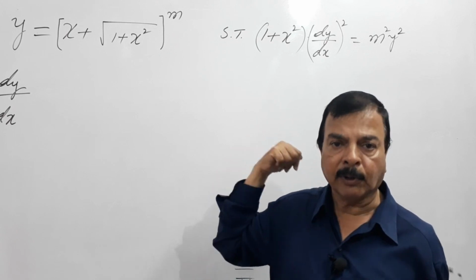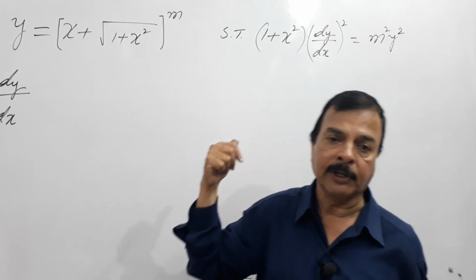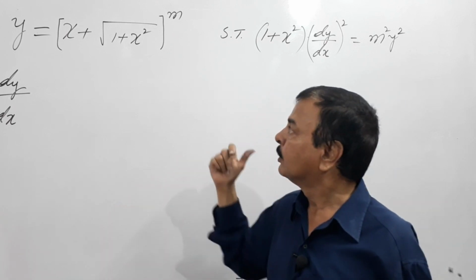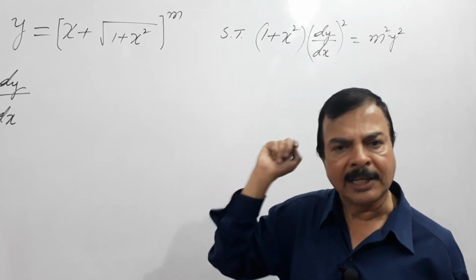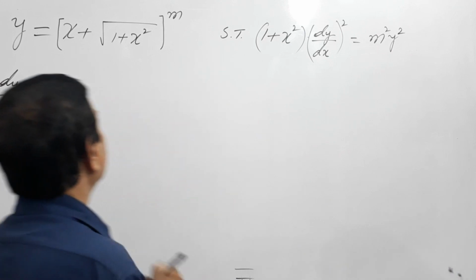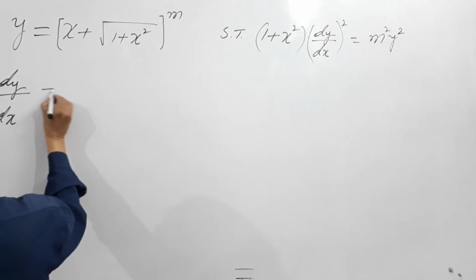Use the concept I have taught you, d by dx of x to the power of n, same thing, and proceed. This is very interesting. Let's do it. We'll differentiate this. dy by dx equals what?